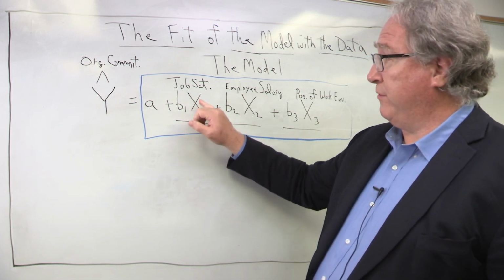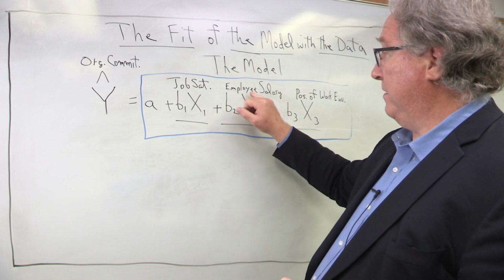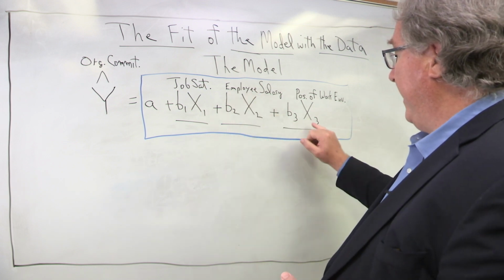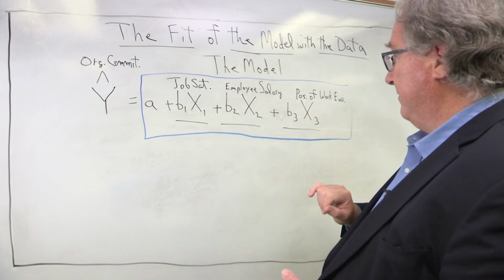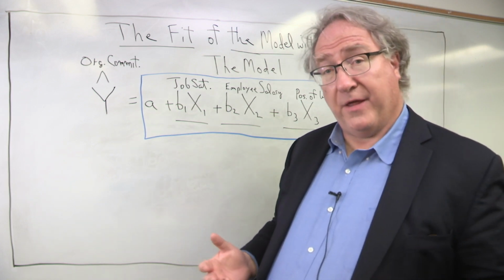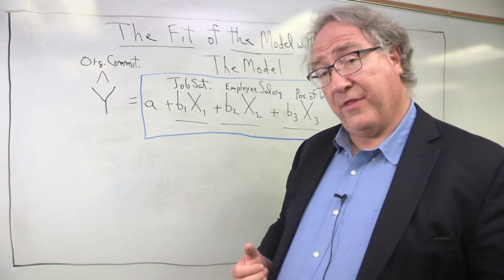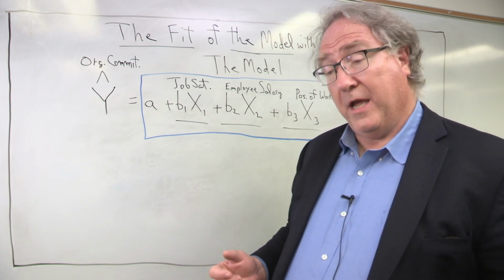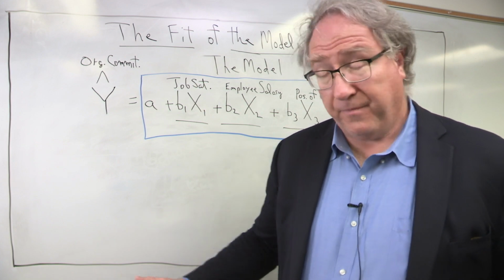So x sub 1, which in this case is job satisfaction, x sub 2, which is employee salary, and x sub 3, which is positiveness of work environment. Those are the predictor variables that you are testing for their effects on the outcome variable, controlling for the effects of the other predictor variables in the model.